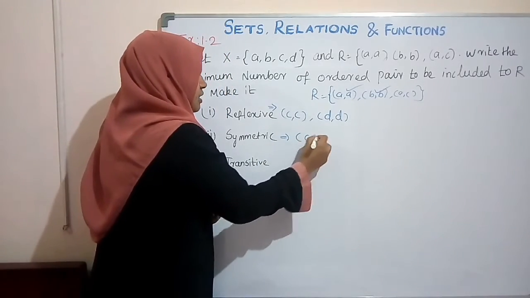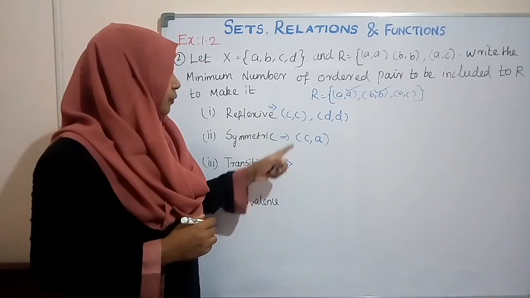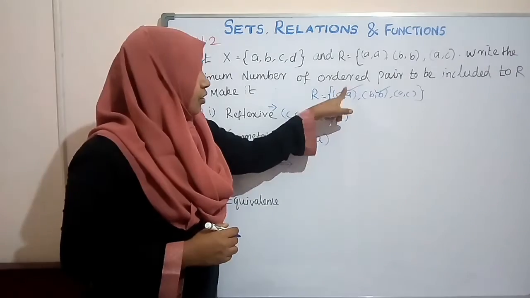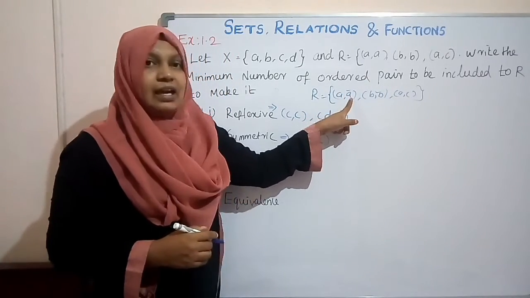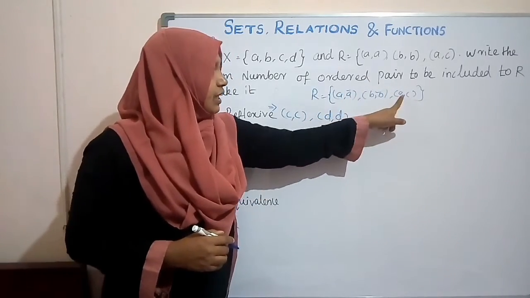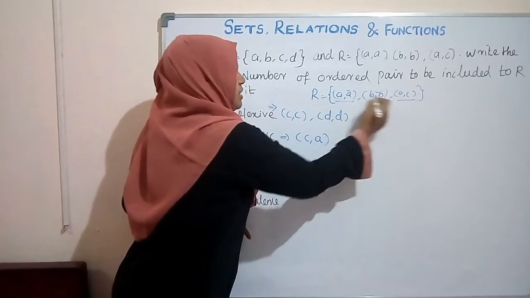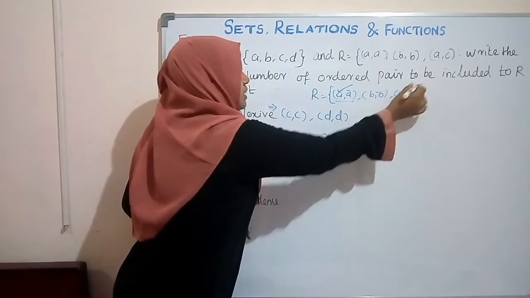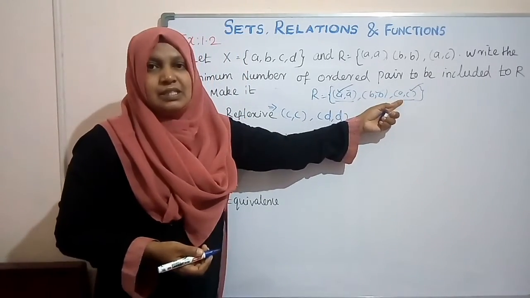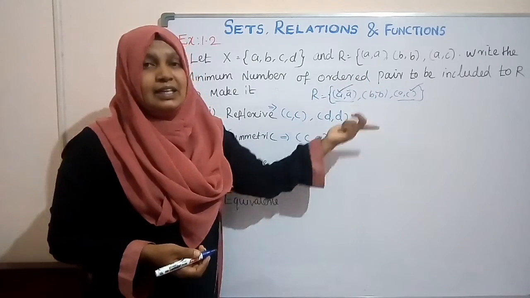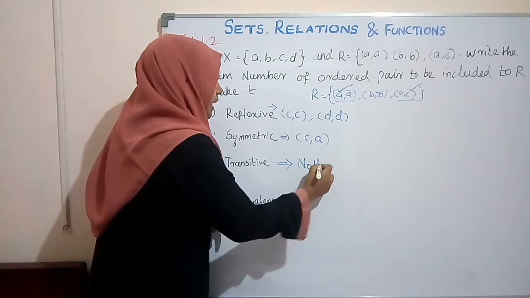And to make it transitive, see, already we have (A, A), it is ending with A. And is there any element starting with A? Yes, (A, C). So (A, A) and (A, C) means the first and last element is (A, C) once again. So already we have (A, C). So it is already transitive. So no need to add anything. So nothing should be added.